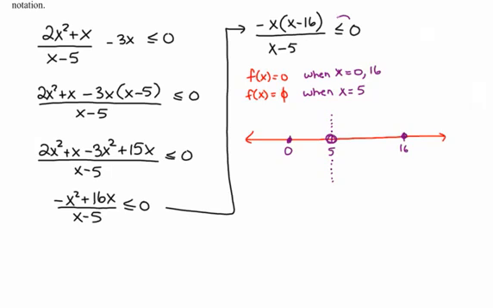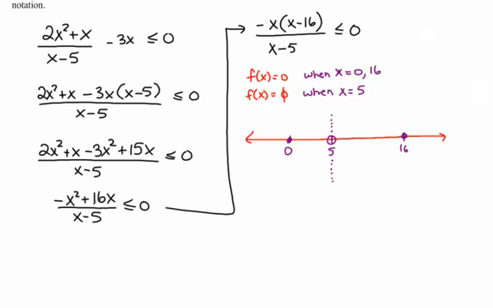A common mistake is that students will see the equal to symbol in the inequality, and they'll actually fill in 5, but really that is a critical value that occurred because of the non-permissible value. So that's always an open circle. Okay, so we could do a chart. I'm just going to use my line. Now what you have to be very careful of is this negative in the front of the function.